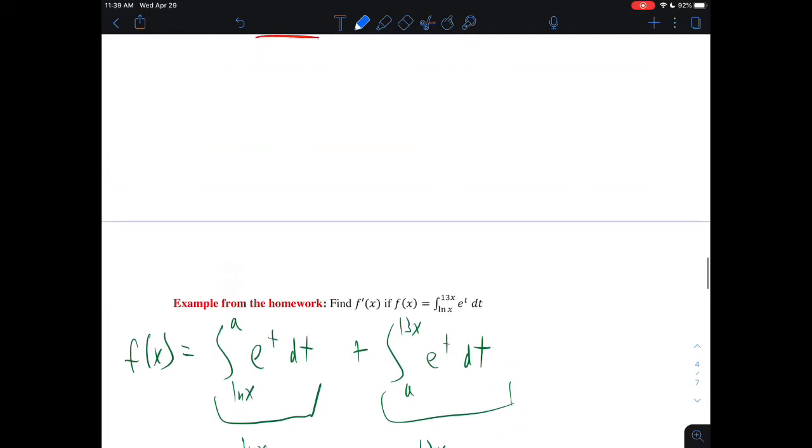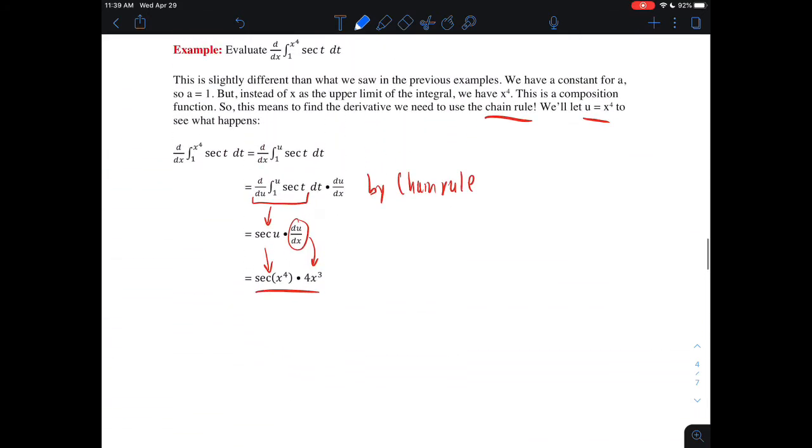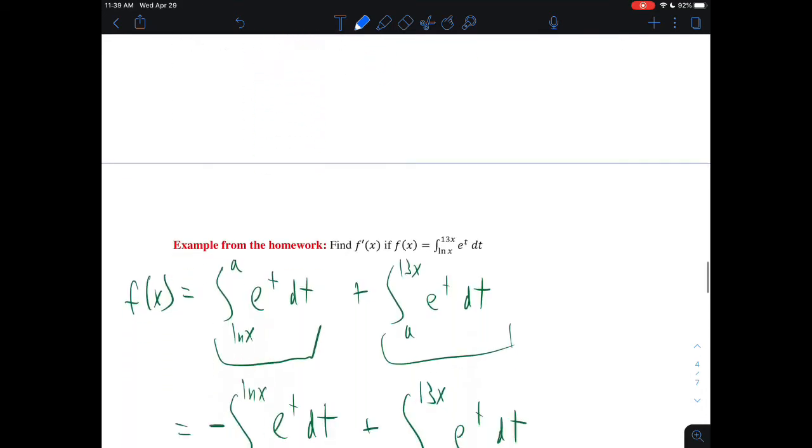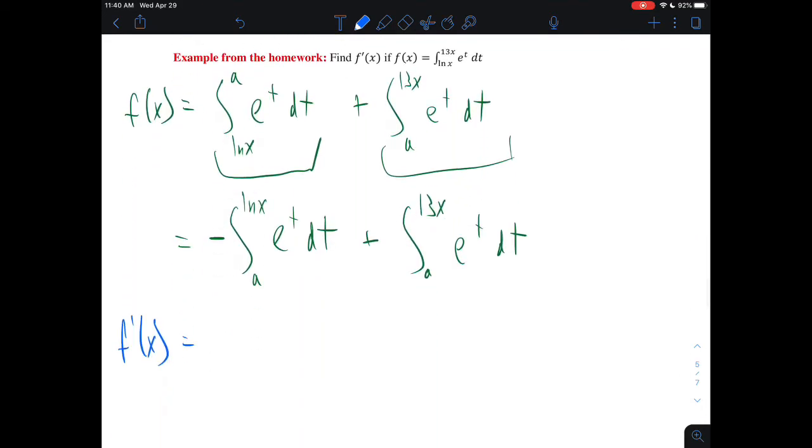And just by noticing what we saw in the previous example, all this really means is you can write the function that is in the integrand evaluated at the function that's the upper limit of the integral, but then multiply by the derivative of that function. That's the upper limit. So this will just become the negative of e to the natural log of x, but then by the chain rule, times the derivative with respect to x of the natural log of x.